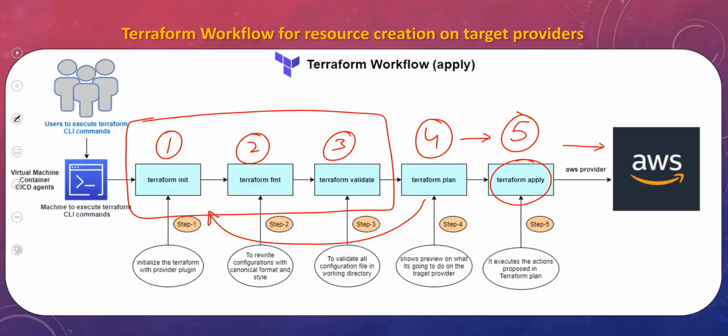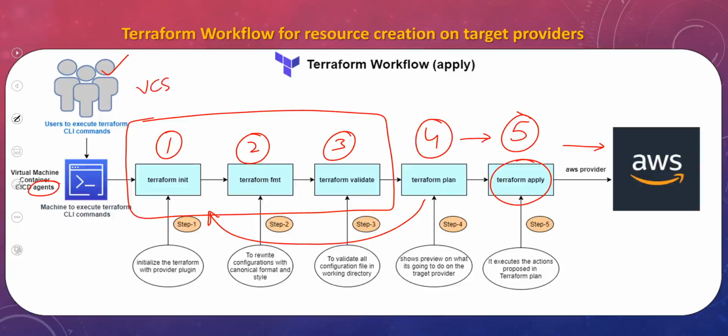These steps I'm showing you right now, 1, 2, 3, 4, 5, you can either execute as a user or automate through a CI/CD pipeline. It is up to you, based on what your company or your client is following. Generally, 99% of the time we use CI/CD tools to automate this entire process. As a user, you will be pushing code to your version control system.